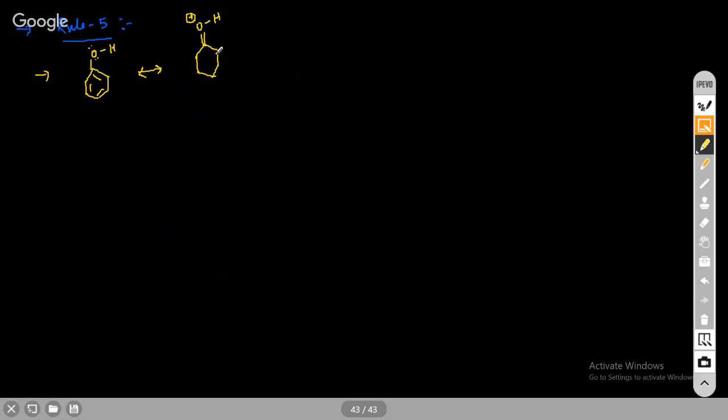And this pi electron will jump here, negative charge, double bond and double bond. Another possible resonating structure is negative charge here, double bond, double bond, double bond, OH, positive charge here. A, B and C.